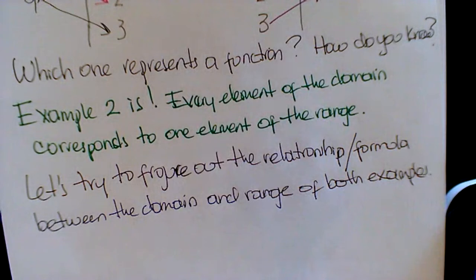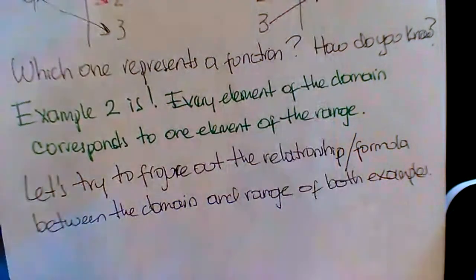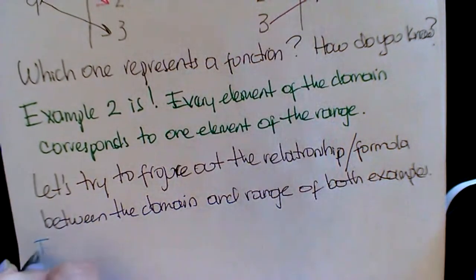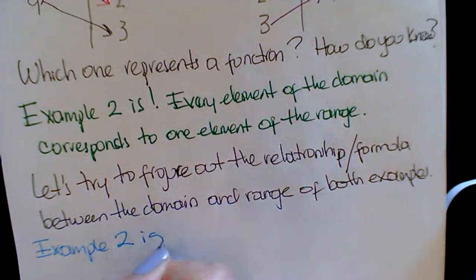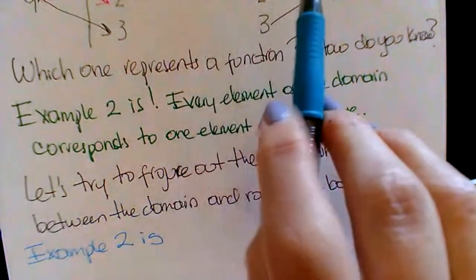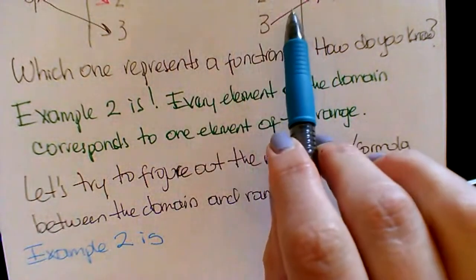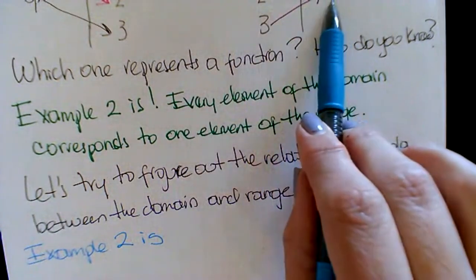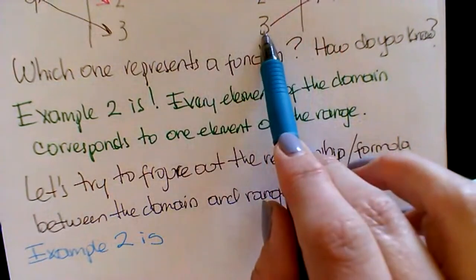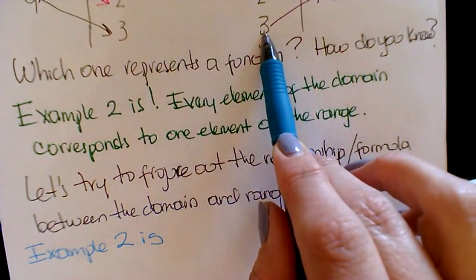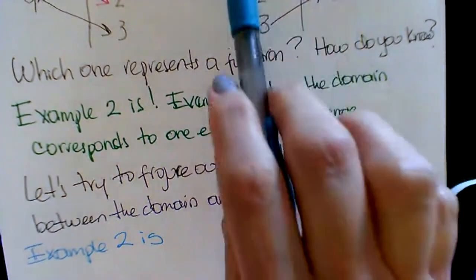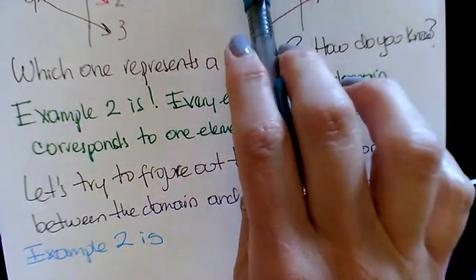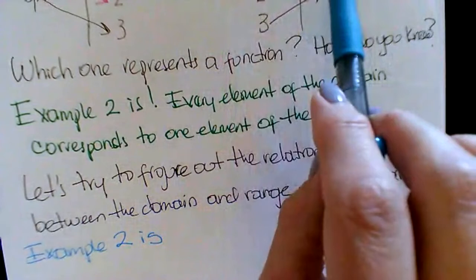So let's try example number 2. 3 squared is 9. 2 squared is 4. -1 squared is 1. -2 squared is 4.